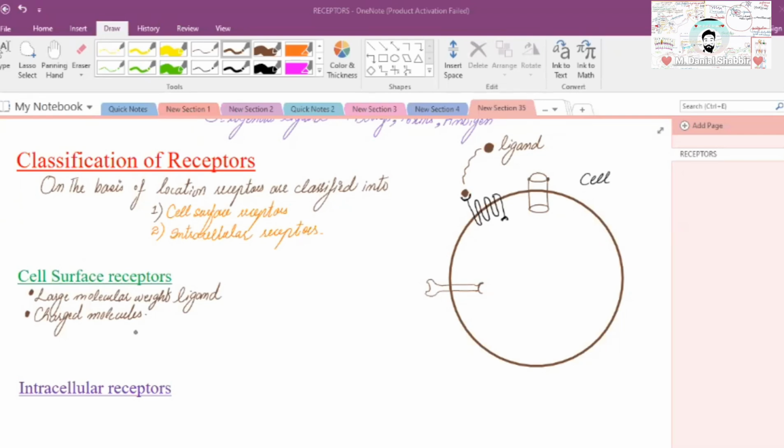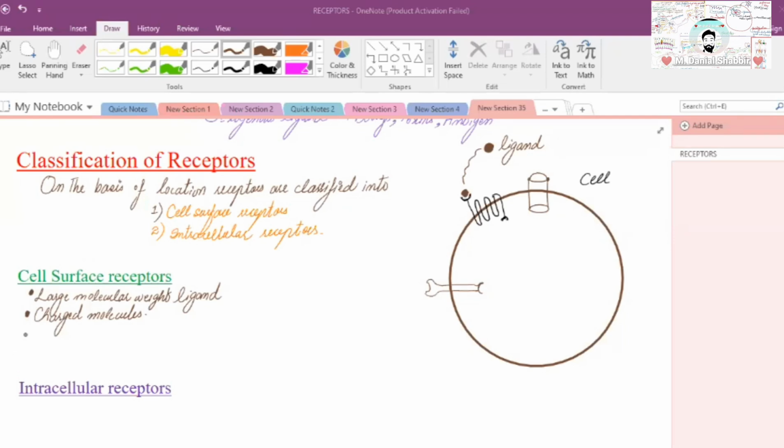So it will not be able to cross. So the ligand with high molecular weight and charge will perform its activity by binding with the cell surface receptor. That is why God Almighty has bestowed us with cell surface receptors to perform normal physiological activities for ligands with large molecular weight and charged structure, right?